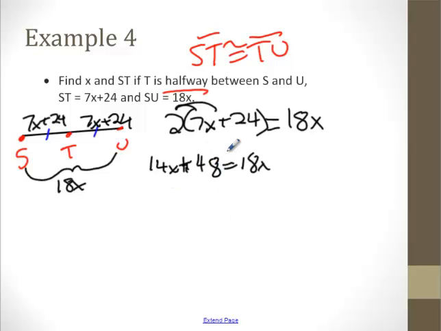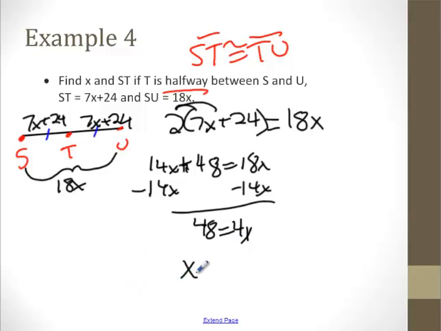I think this is a good time to mention how important it is to always double check your work. As you're going through solving, we're getting to 48 equals 4x. And we're going to take 48 divided by 4. And you got x is 12.